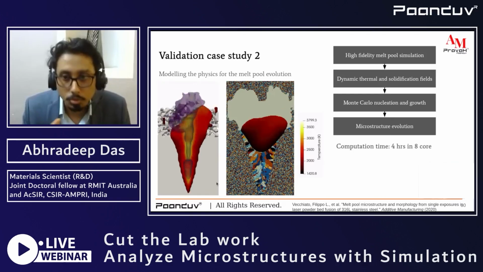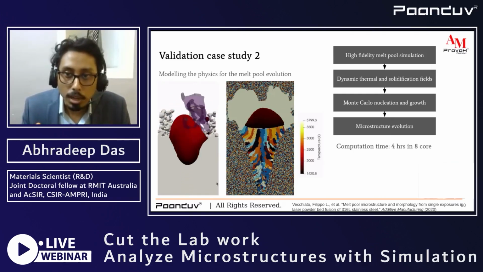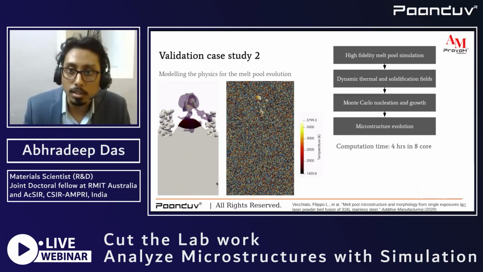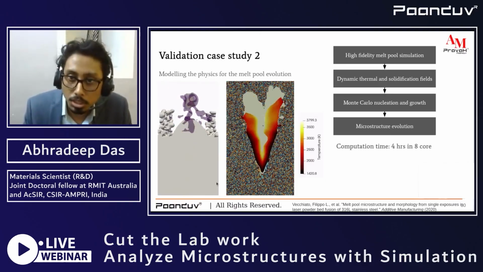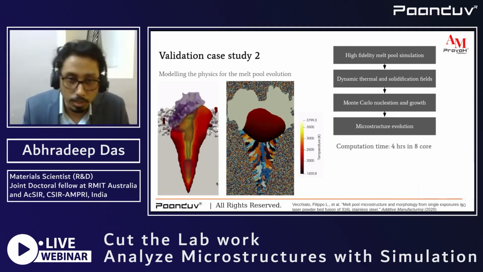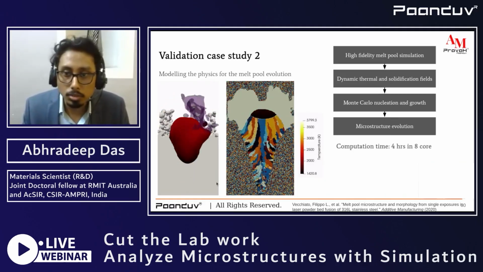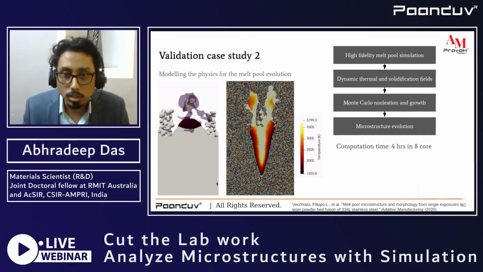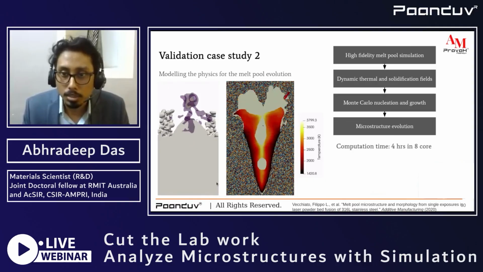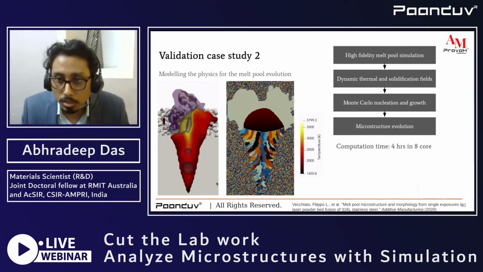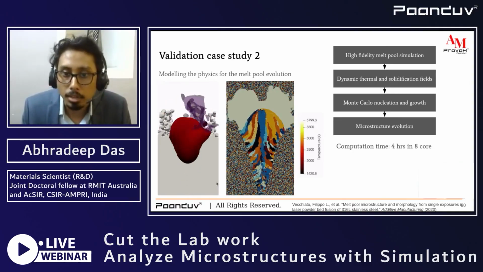To summarize, what we have done is the high fidelity melt pool simulation, followed by the dynamic temperature field and solidification field data collection. Along with that, we have used the Monte Carlo nucleation and growth approach, and then we use these dynamic temperature field variables coupled with the Monte Carlo simulation to generate the entire microstructure.